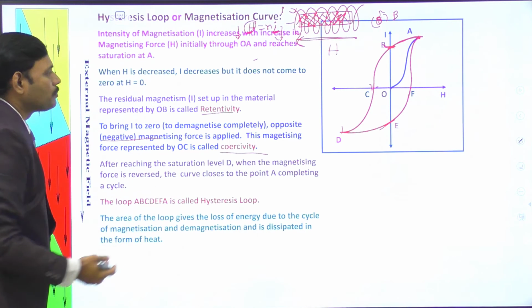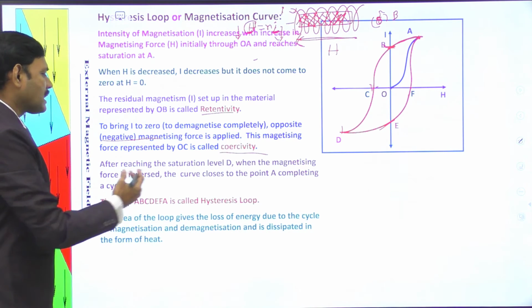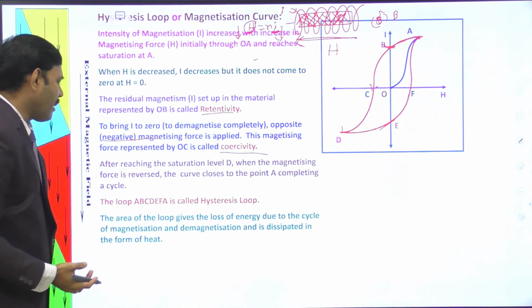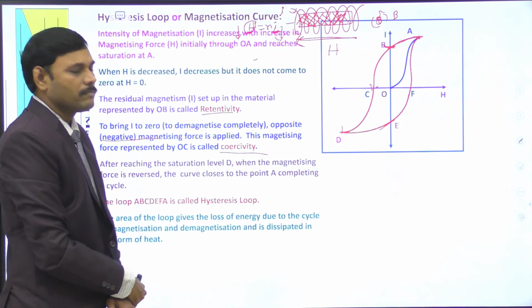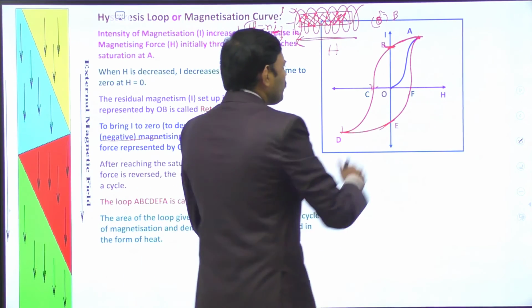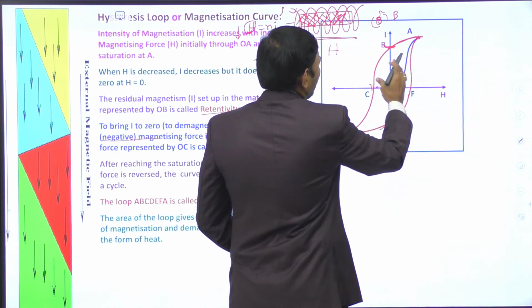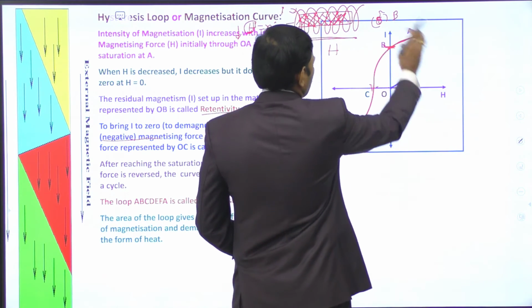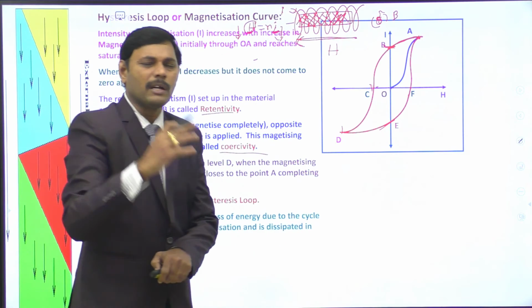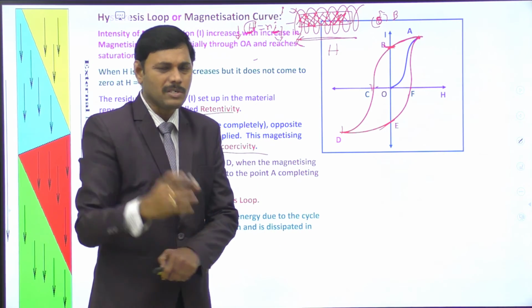The area of the loop gives the loss of energy due to the cycle of magnetization and demagnetization. The area of the loop means we take the product of H and B, or H and I. This product has units of energy.